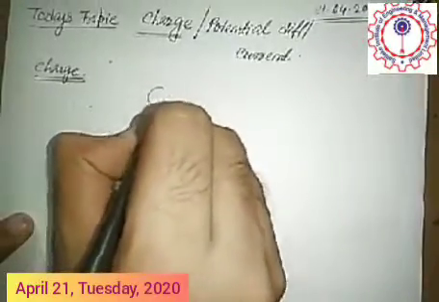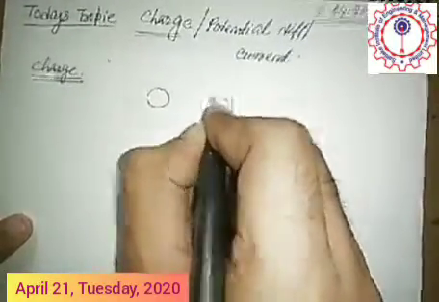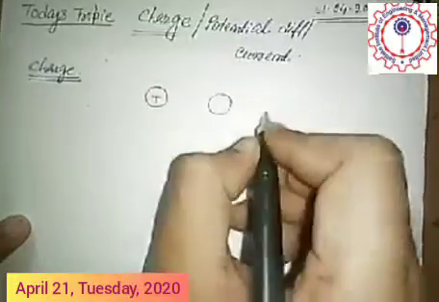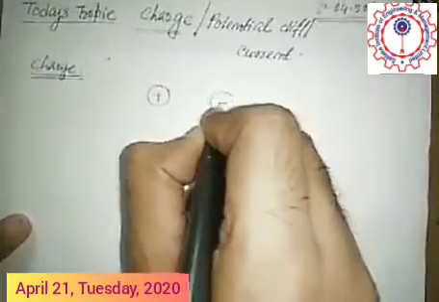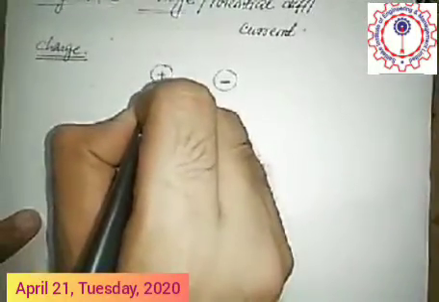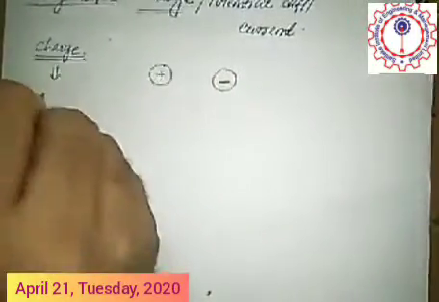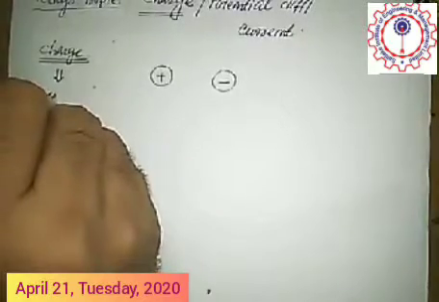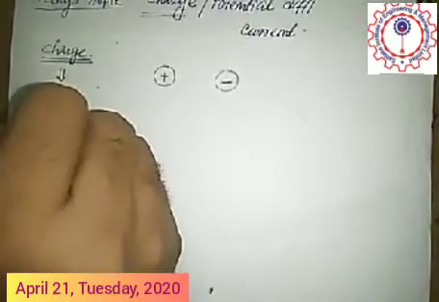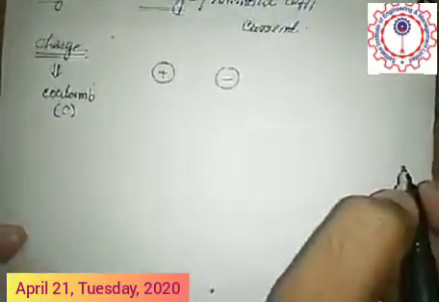Basically, charge is of two types: one is positive and another is negative, the positively charged and negatively charged. It is measured in the unit of coulomb, and this is expressed by the capital C.